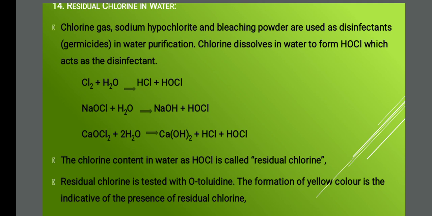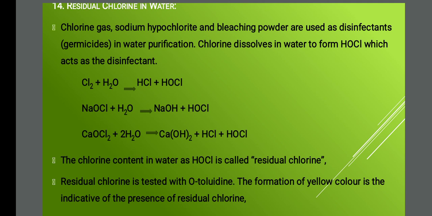Now if you take bleaching powder, it will react with water to give sodium hydroxide and hypochlorous acid. The final product is hypochlorous acid, and the chlorine content of water as hypochlorous acid is called residual chlorine.